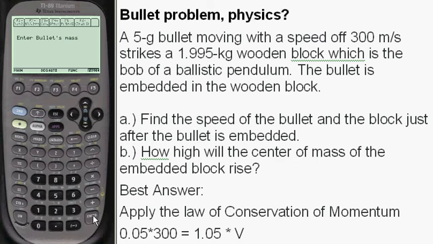And so now we're going to add the variables. We're going to enter the bullet's mass. I have to press alpha first, alpha 5, and grams. I do the conversions. We're going to press number 1. Conversion is 0.005.